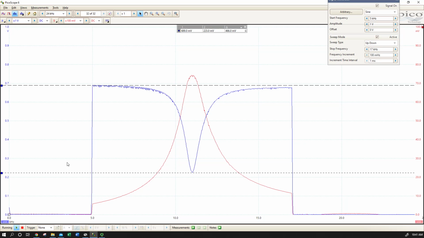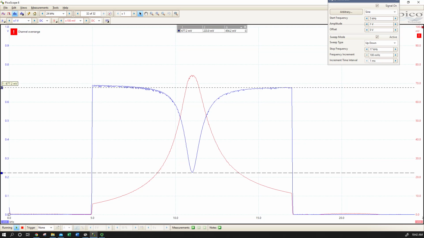So already we could define a half power by multiplying this by 0.707 and start to get a bandwidth. Probably go a little bit further there. You can see that we're a little bit asymmetric on one and the other side of resonance.